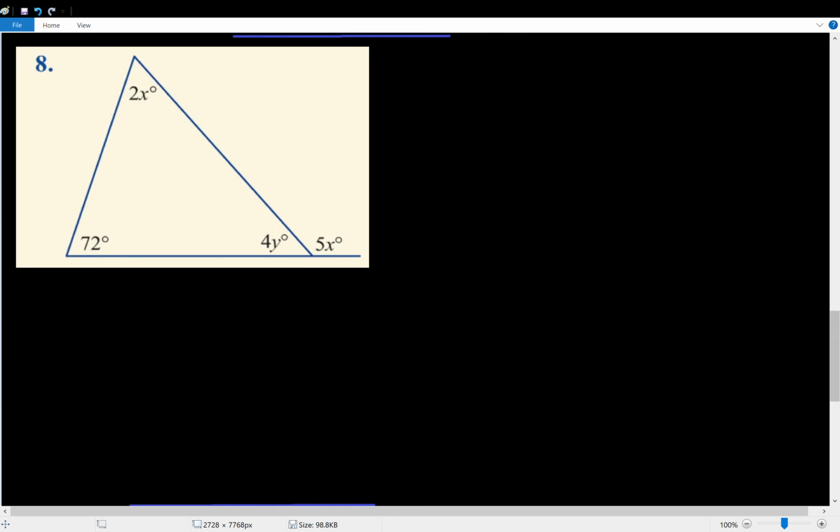So the first one we can work out is we can actually get our value for x relatively quickly using the exterior angle rule. So 5x is going to be equal to 2x plus 72. So we can just write that out. So we're going to have 5x equals 2x plus 72, which means 5x minus 2x is going to be equal to 72.